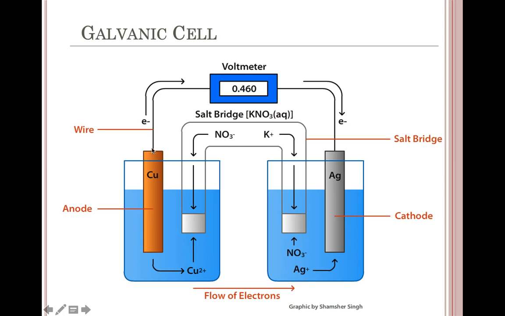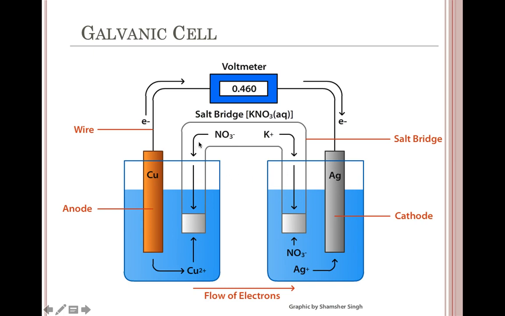The copper is being oxidized into copper 2 ions, the electrons travel through, and they're gained at the cathode. The silver ion combines with the electrons to make silver at the electrode, at this cathode here.